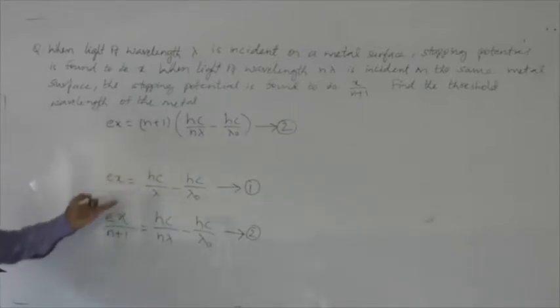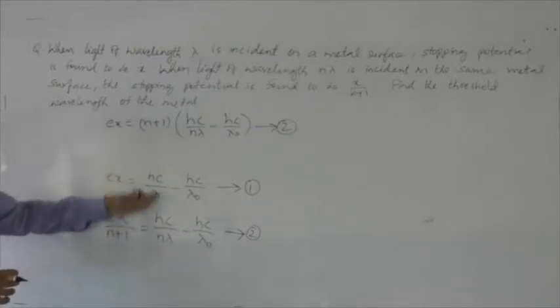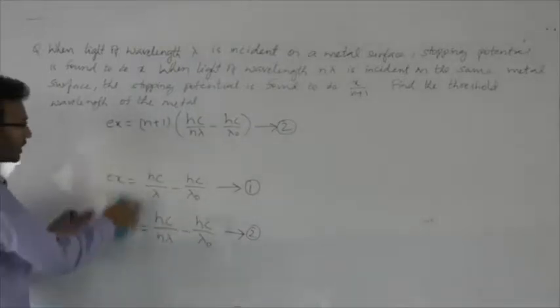Or else you can choose some other methods. You can take lambda naught from here and put it here. According to your convenience, you can proceed. Let's go by this now. So you have two equations now.